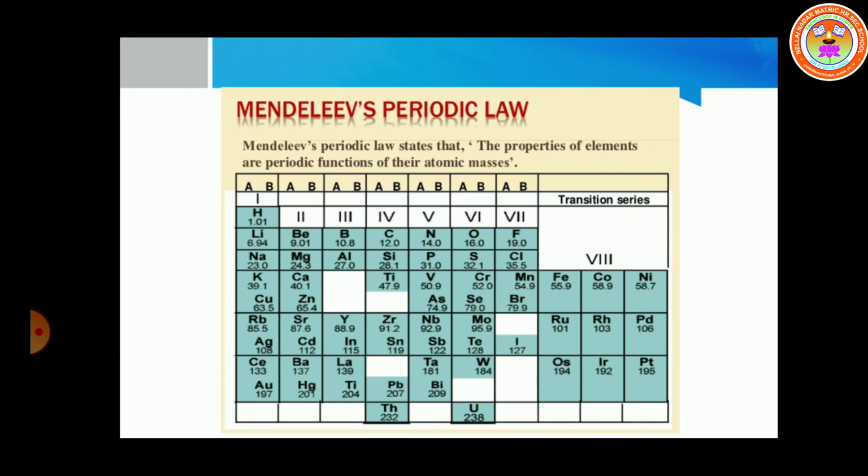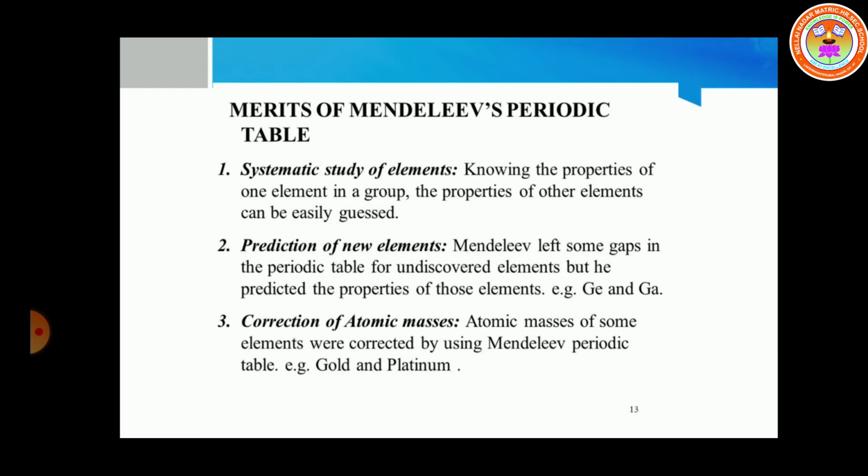Mendeleev reassessed it as 9 and assigned beryllium a proper place. So the main merit of this periodic table is the correction of atomic masses. The wrong atomic masses were corrected and reassessed, giving a proper place to that particular element.